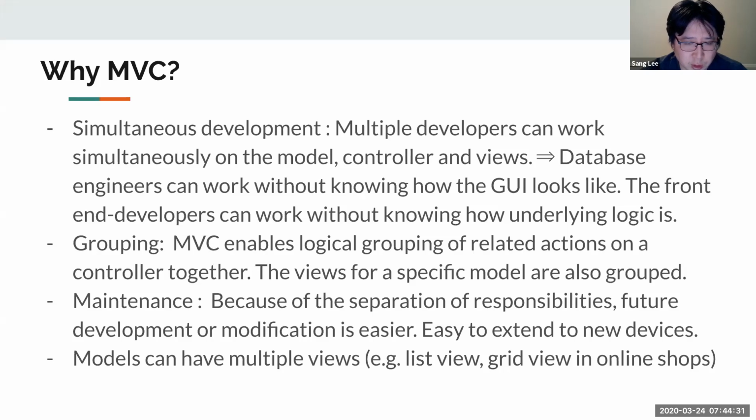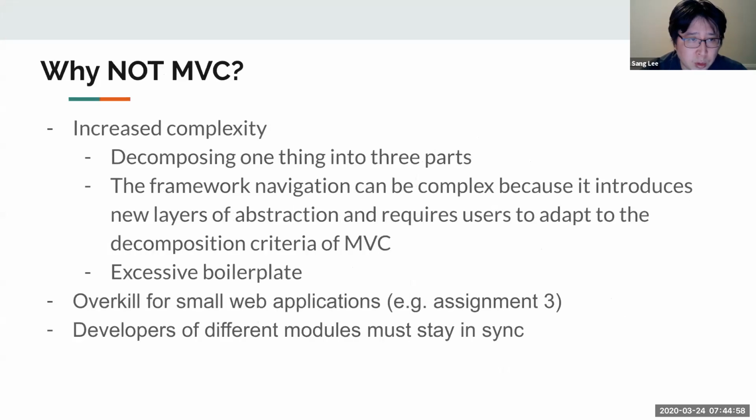So things are grouped into their functionality. For example, let's say the database does not change, but we want a new design, and you don't have to worry about the model or controller. We only have to worry about the view. And then the other thing is models can have multiple views. I'm going to show one example later.